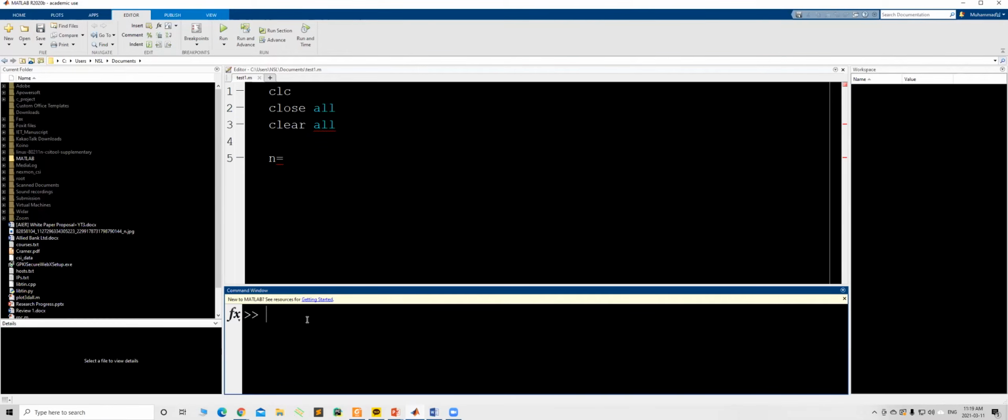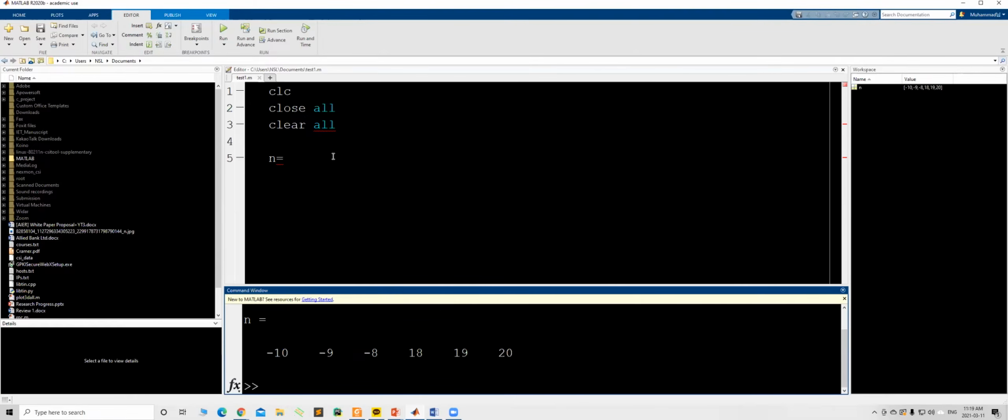For example, if I want to make an axis from -10 to +20, one way is to write everything manually: -10, -9, -8, and so on, and finally I have to write 18, 19, 20. Writing dots like that will not work because these dots are not recognized by MATLAB.